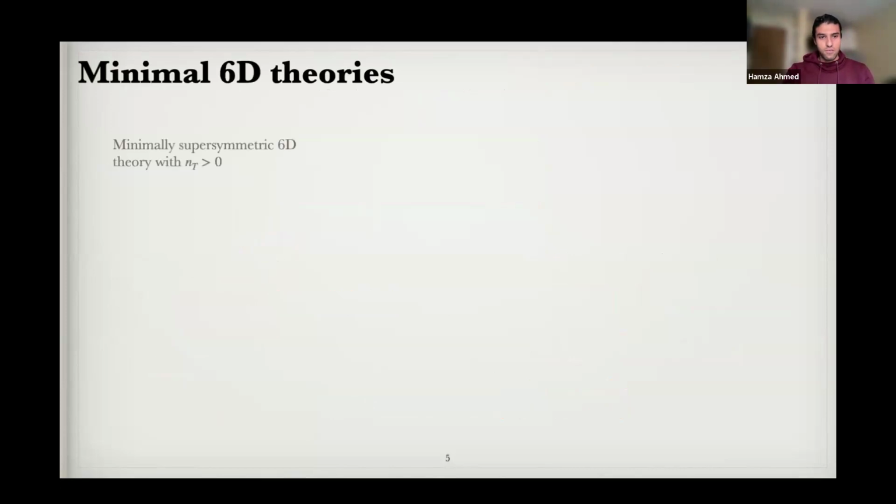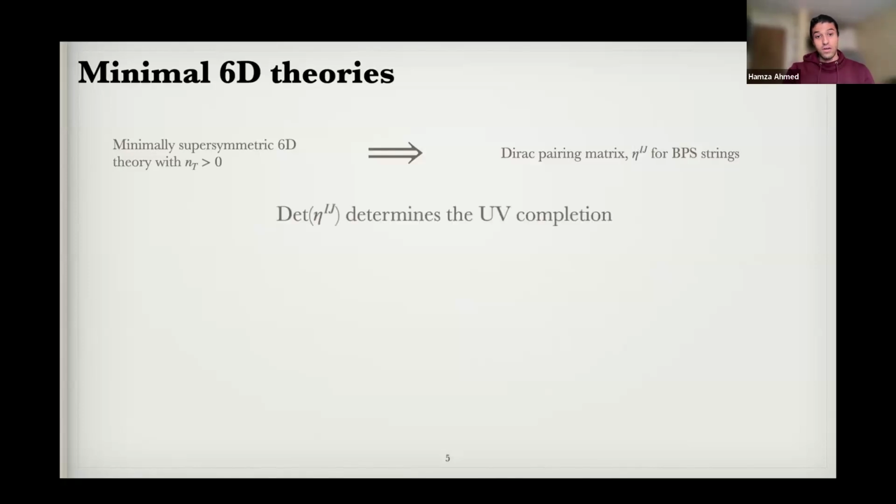Let's start from minimally supersymmetric 6D quantum field theories with at least one tensor multiplet. These theories have BPS strings in the spectrum, which couple naturally to the B field in the tensor multiplets. One can associate to them a pairing matrix, known as eta, between these strings. It turns out that the determinant of this matrix tells you what the UV completion of your 6D theory is.